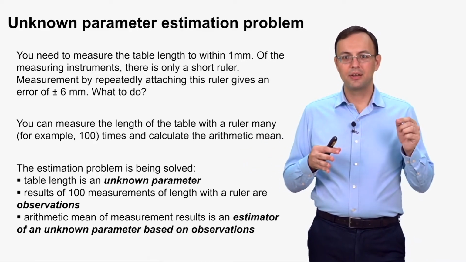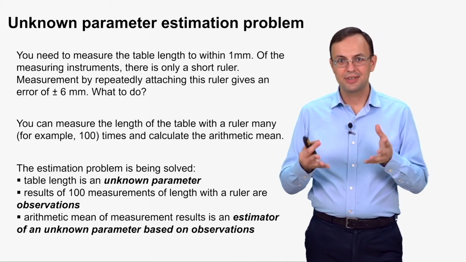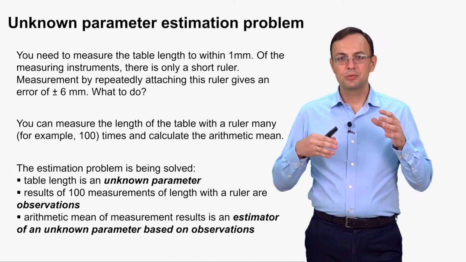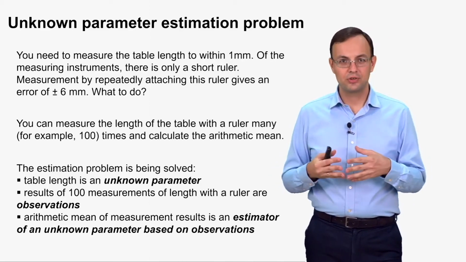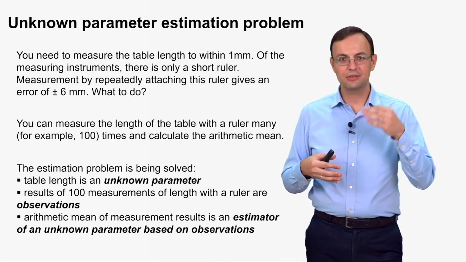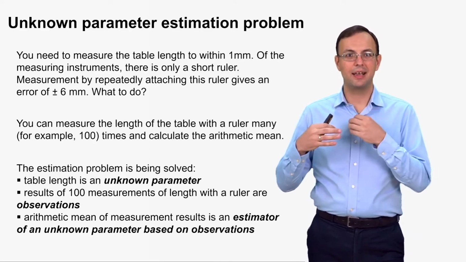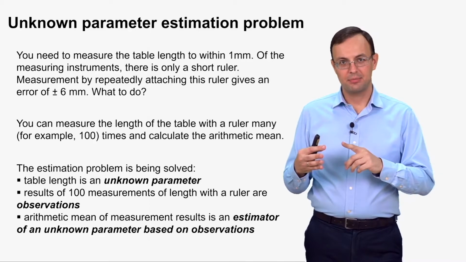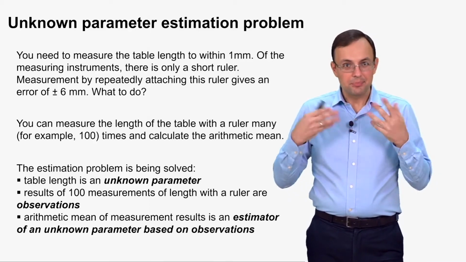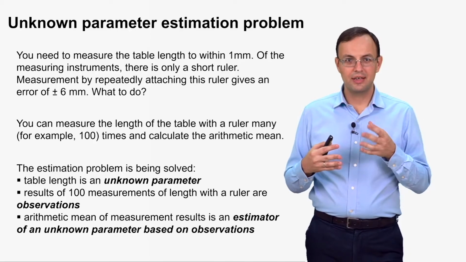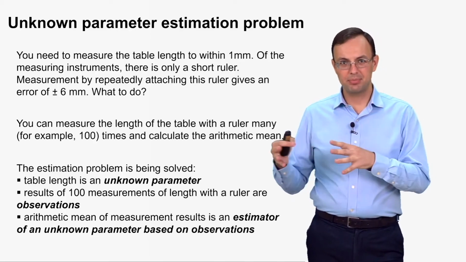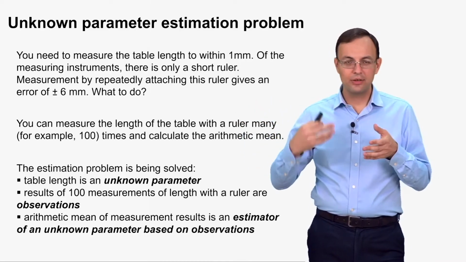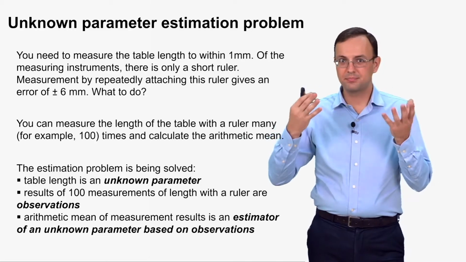Then the second character is the sample or observations. So in this example, results of our measurements are observations. The result of each single measurement is one observation. So observations are random variables, as they are unpredictable. Each observation is actually the real length of the table plus a random error, and the value of this error is unpredictable.